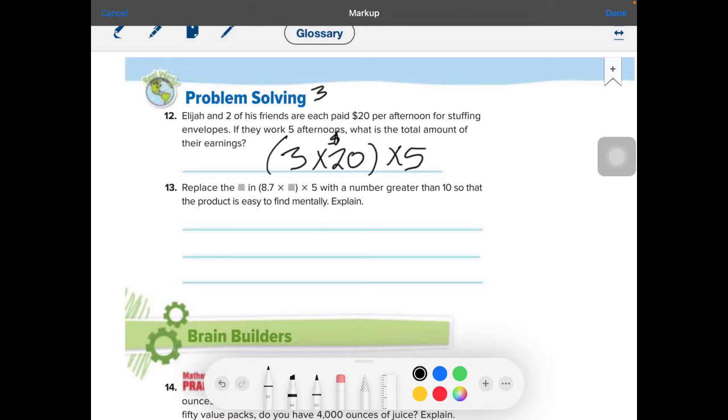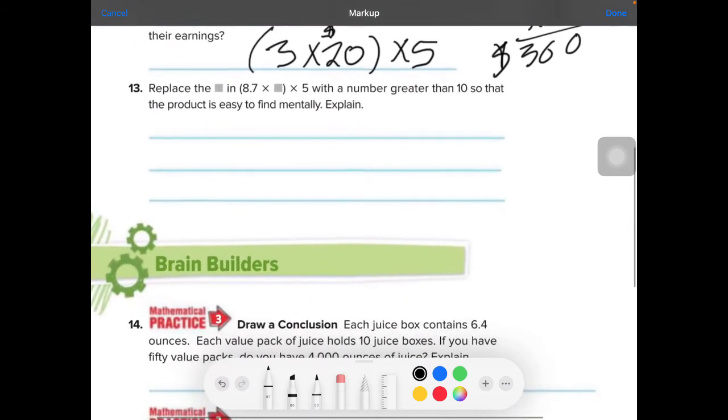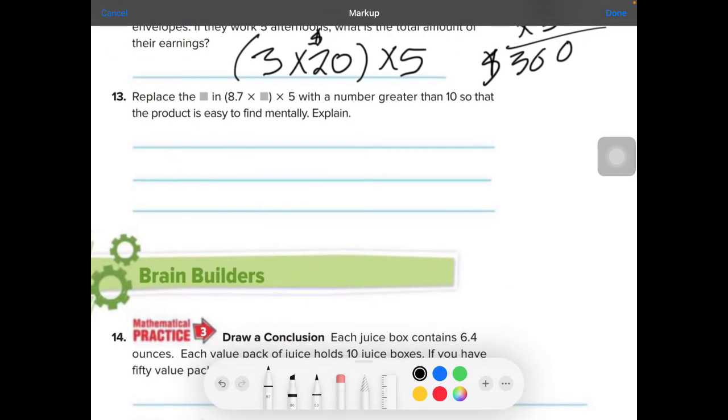So what's the total amount that they're paid? Well, 3 times 20 is 60, so we have $60 times 5. So they're paid $300.